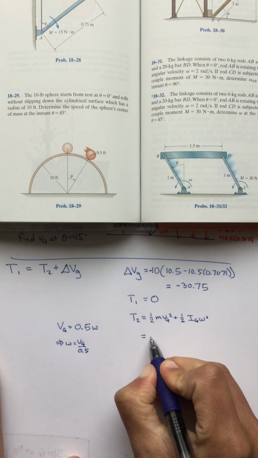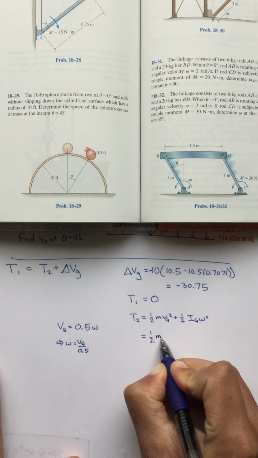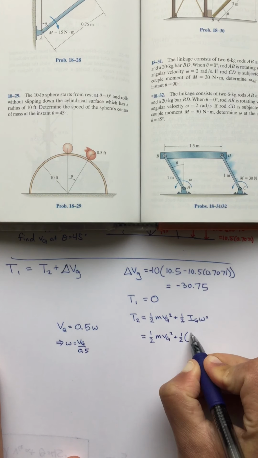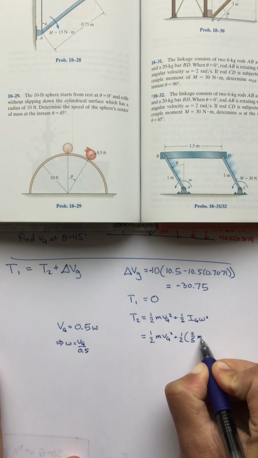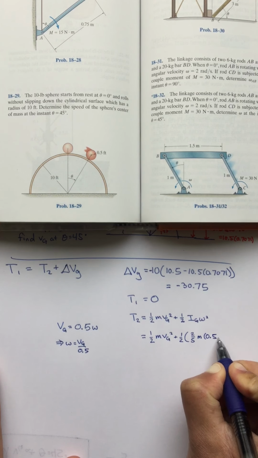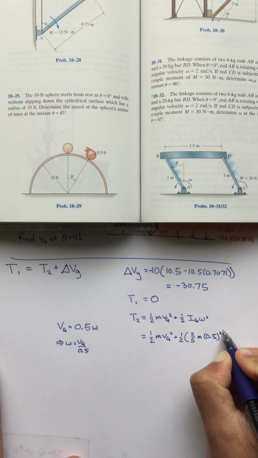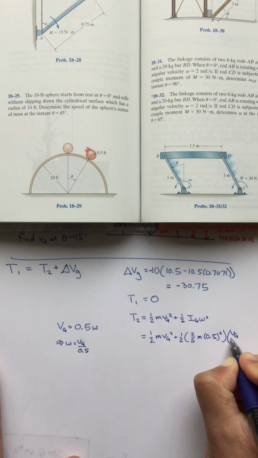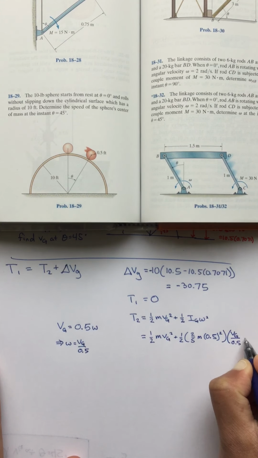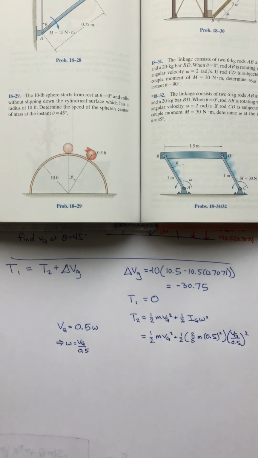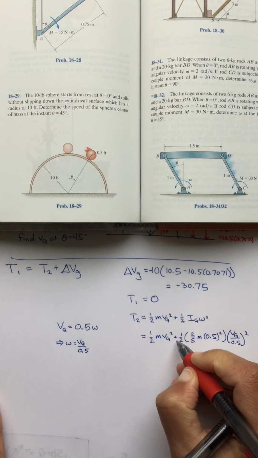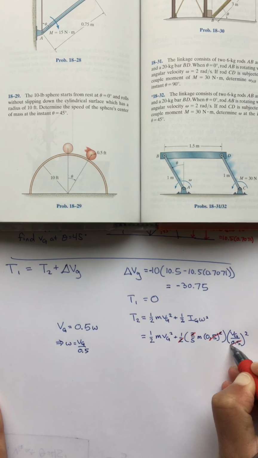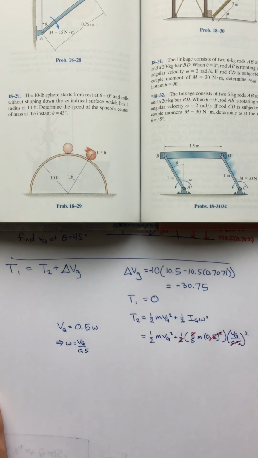So I have 1/2 times the mass times Vg squared plus 1/2 times 2/5 times m times the radius of this sphere, which is 0.5 squared, times omega squared, and omega is Vg over 0.5. The 2's cancel out here. This is the radius squared, and in the denominator I have the radius, and that's being squared also.